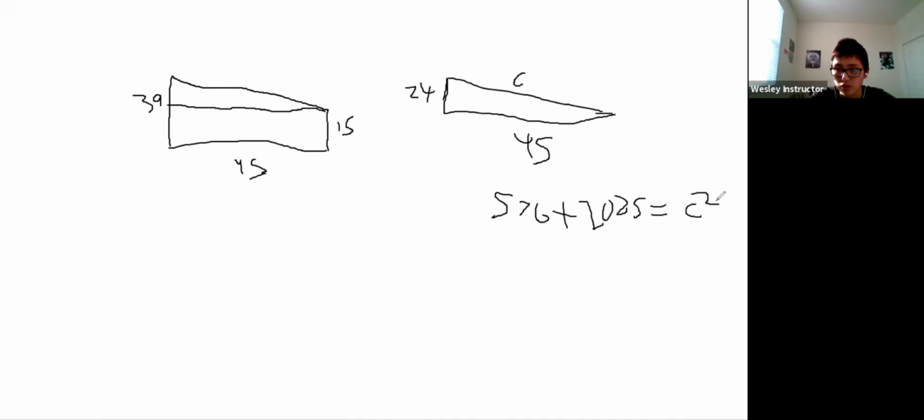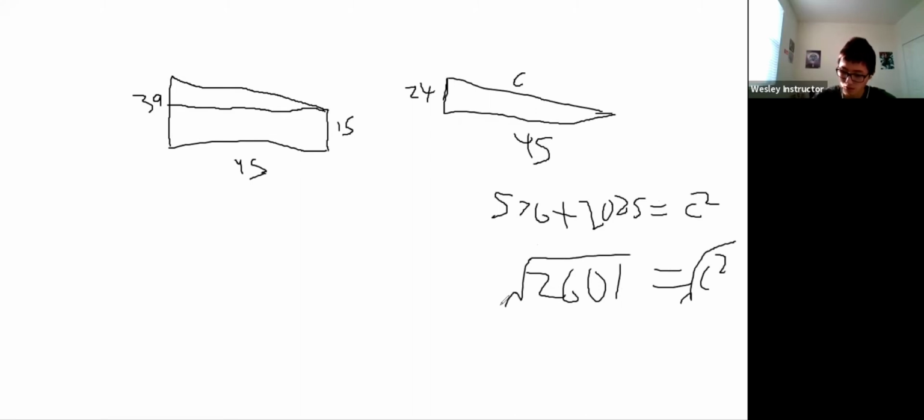And that equals c squared. This equals 2601 equals c squared. Square root both sides. And the answer is 51. Okay.